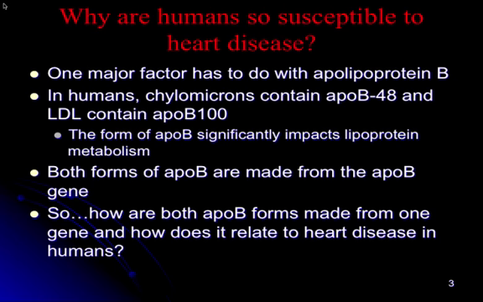They tend to be taken out of the blood faster. I'll explain the relevance of that in a minute. A really interesting part of this is B48 and B100, two different proteins, are made from the same gene. One gene, two proteins. So how are they both made from one gene and how does it relate to heart disease in humans? That's what we're going to go through.